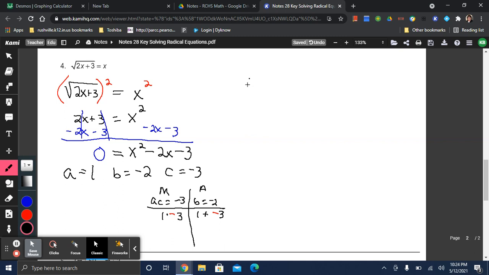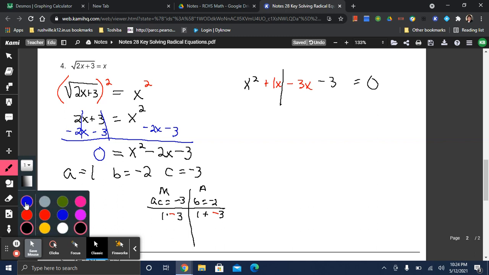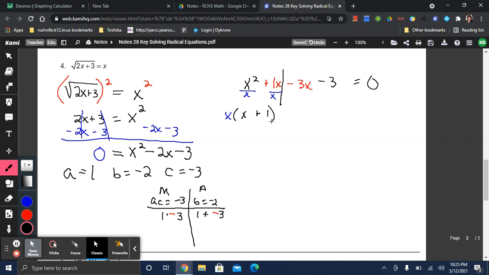So we take the x squared, and then we use our numbers that we found for the middle. So plus 1x minus 3x, and then minus 3 equals 0. We'll do a cut line. We can divide both of these by x. So dividing by x, then we get inside the parentheses x plus 1.